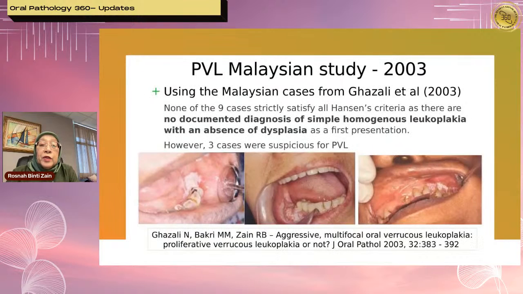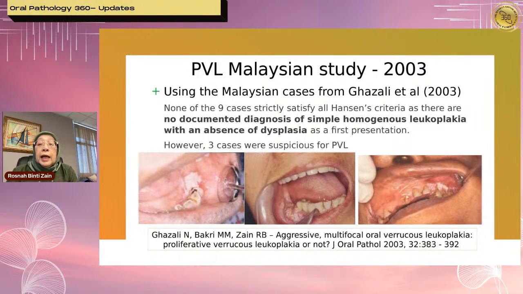Okay, next. I'm just going to go back to 2003, where in the Malaysian case study there were 9 cases where Hansen's criteria were applied, and as there was no documented diagnosis of simple homogeneous leukoplakia with absence of dysplasia as a first presentation, these cases in that paper were only suggestive because that criterion was not satisfied.